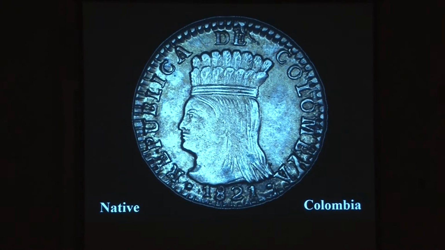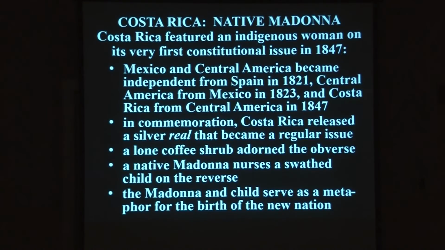And if we flash forward to after the war is over, we basically have the same figure in this 1821 release, and Libertad Americana has been replaced by República de Colombia, the Republic of Colombia here. In a lot of ways, she has now come to signify the Republic of Colombia. That's virtually labeling her as an image of the Republic of Colombia, all right?